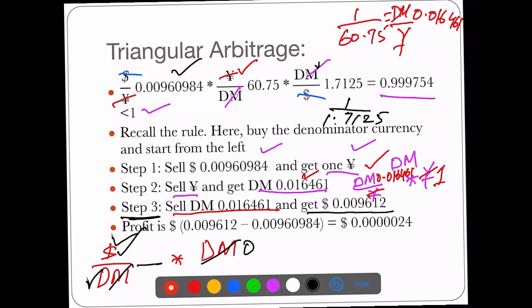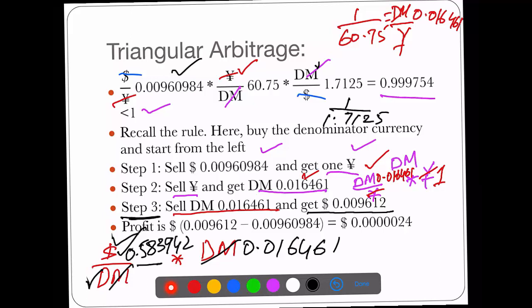Over here the Deutschmark was 0.016461, and you need to take the reciprocal of 1.7125. I'm doing the calculation right away with you guys. 0.583942.